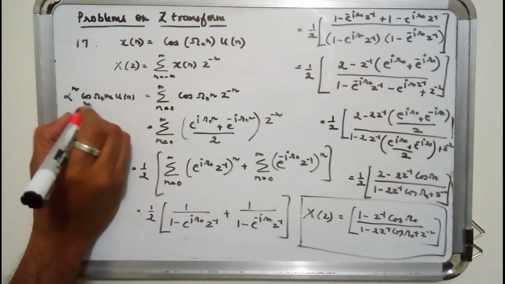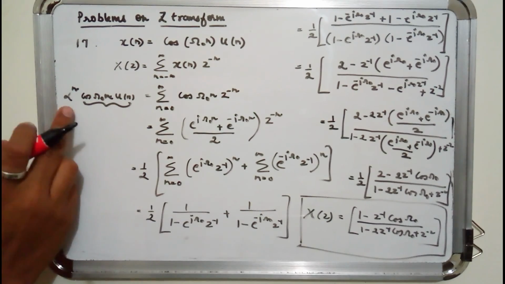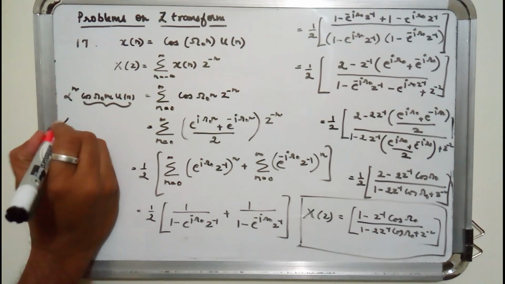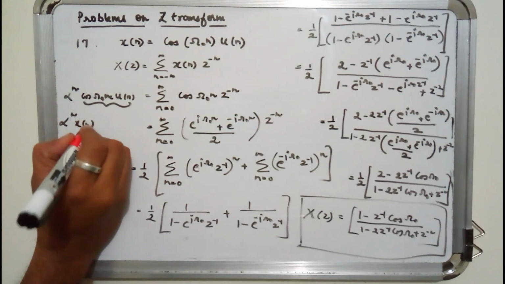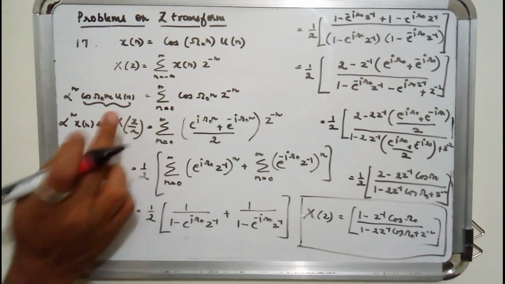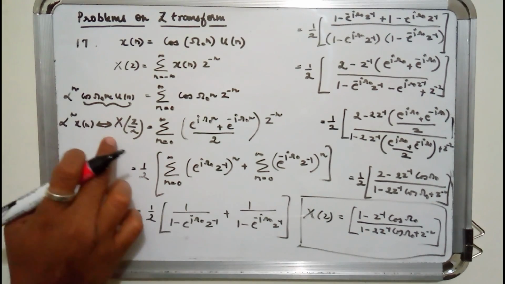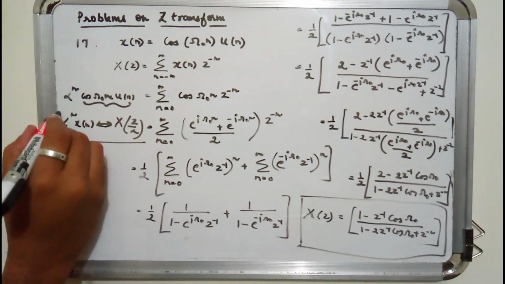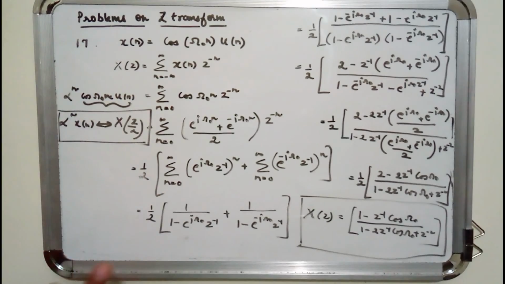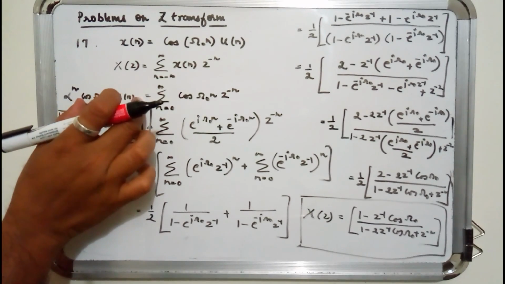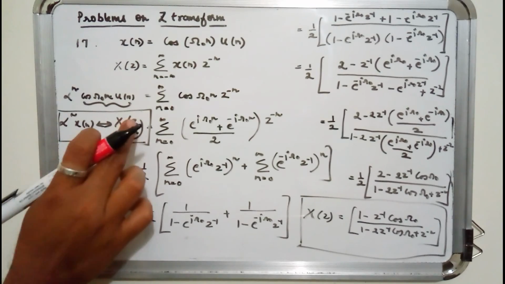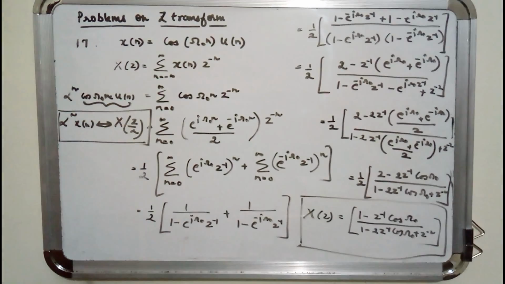Find the z transform of this function, and you have the property alpha power n into x of n gives x of z by alpha. So wherever you have z, replace it by z by alpha.